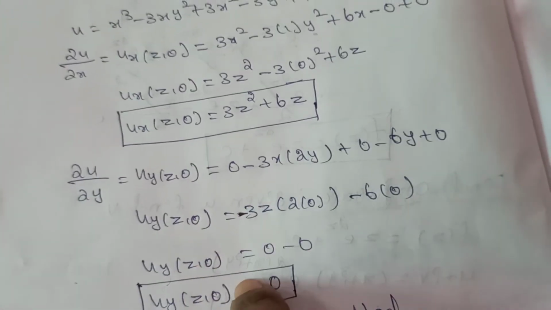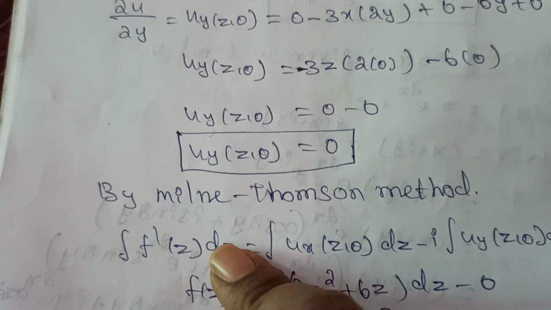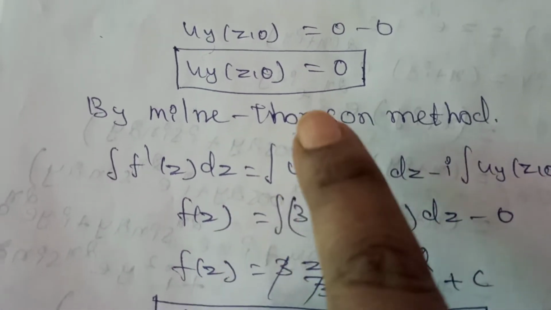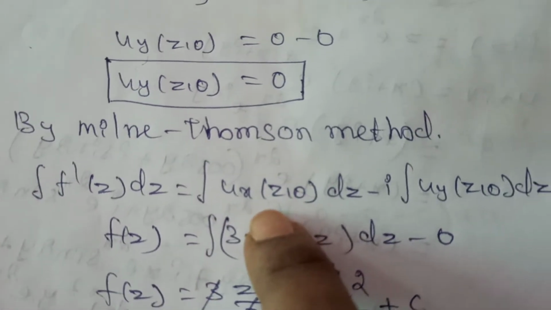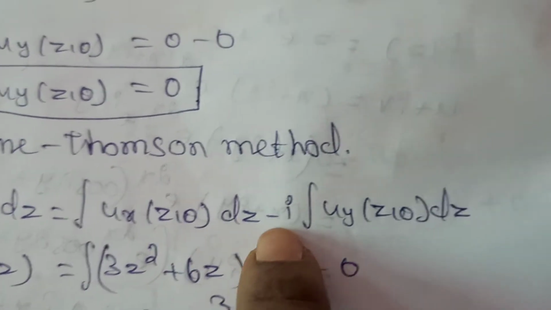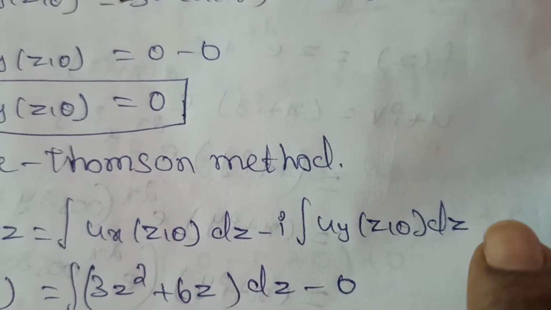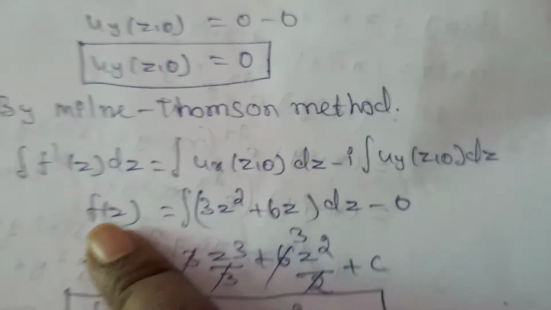So if it is the real part, the Milne-Thomson method formula is integration of f dash of z dz, which is equal to integration of u x of z comma 0 into dz minus i into integration of u y of z comma 0 into dz. This is the formula.